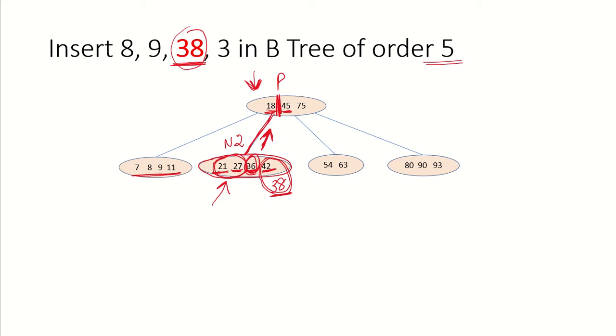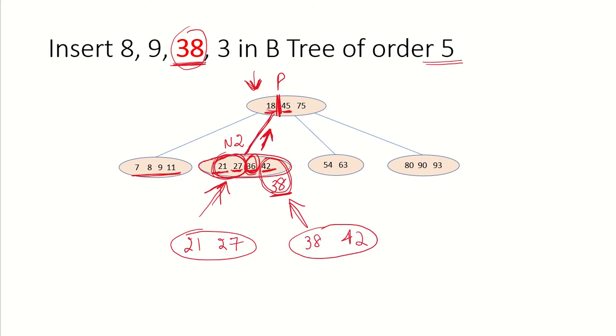The median is sent to the parent node. Half the number of values would come in one node and the other half would come in the second node. So this would be split into 2 like this, 21 and 27 coming over here, 38 and 42 coming over here, and 36 being sent to the parent node over here.